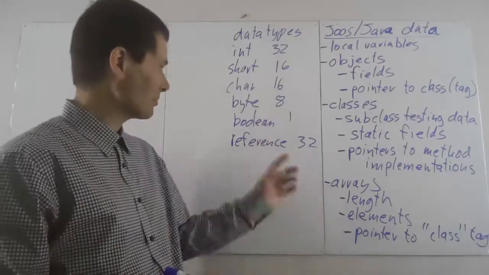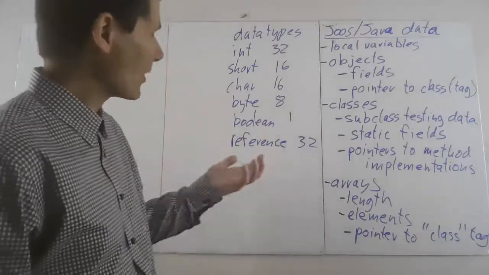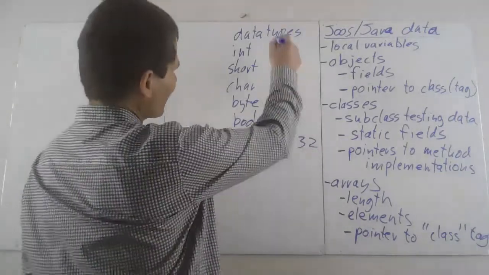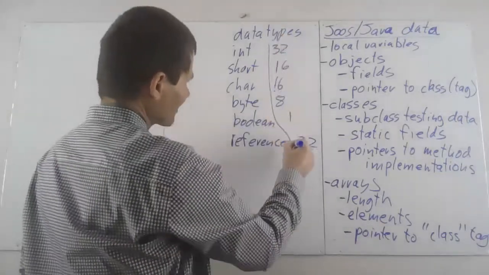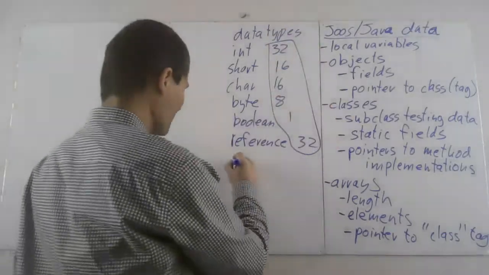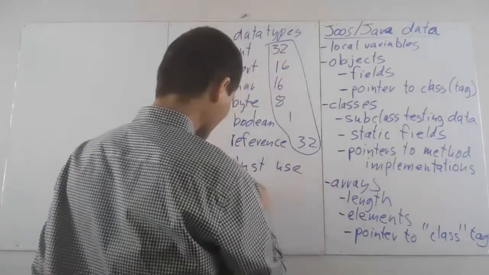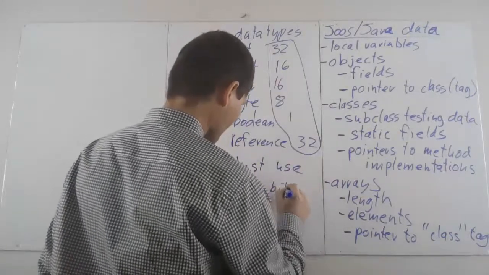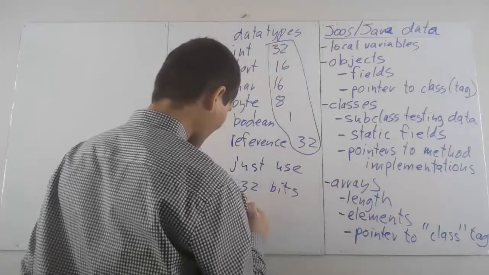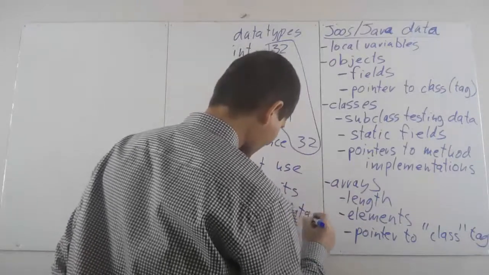Saves a lot of memory, but generates really complicated code. So what I would suggest, I mean, all these numbers are all pretty close to 32. So just use 32 bits for all data types.